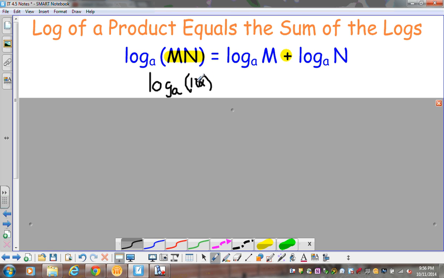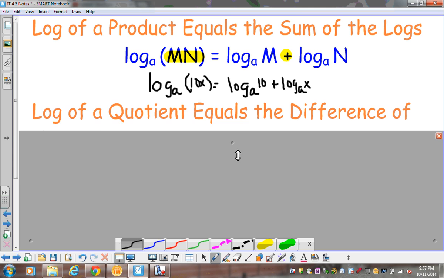Well, that's 10 times x. So I can rewrite that as log base A of 10, the first part, plus log base A of x. So I took it from a single logarithm, log base A of 10x, and I expanded it to the sum of two logarithms with that same base. So again, multiplication goes with addition.